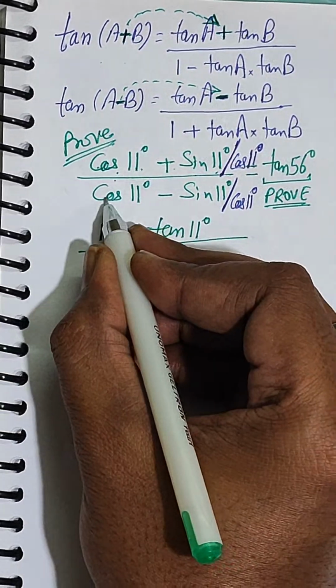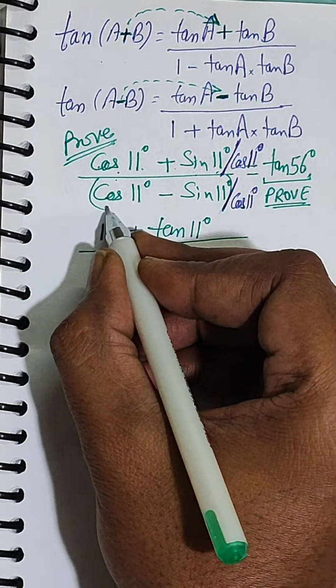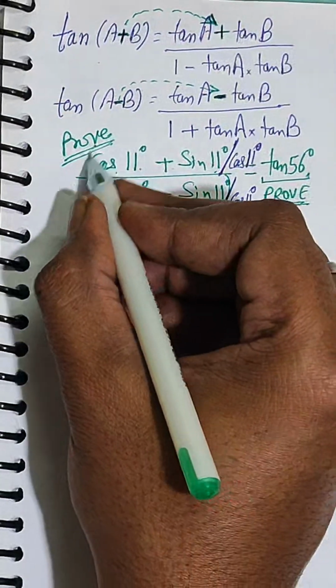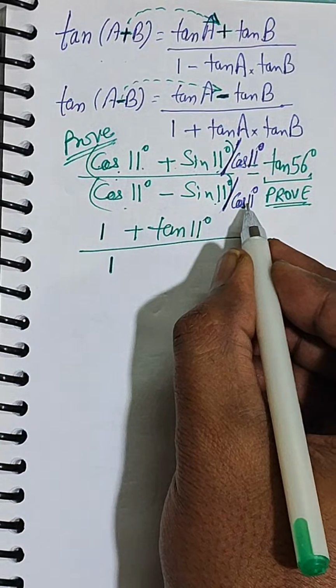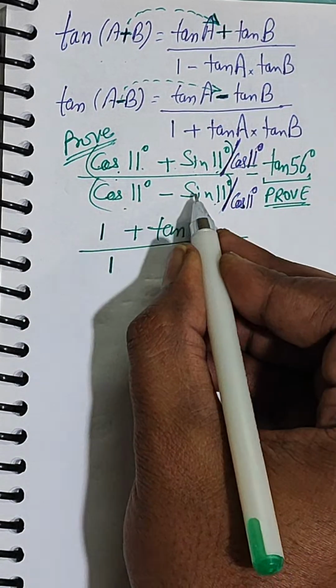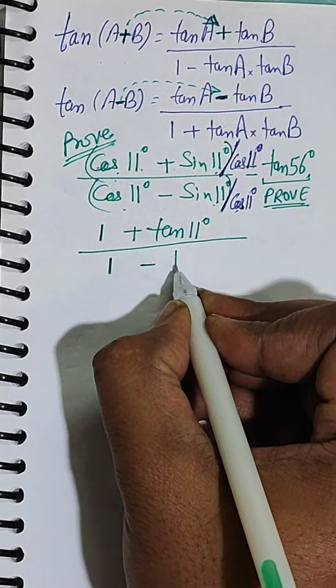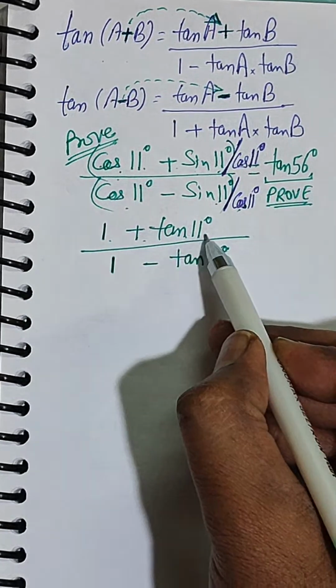This division is happening to the entire numerator and denominator. As we did in the numerator, in the denominator also cos by cos will be 1 and sine by cos will be tan.